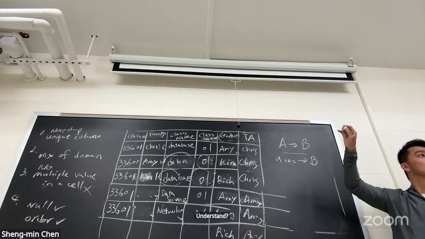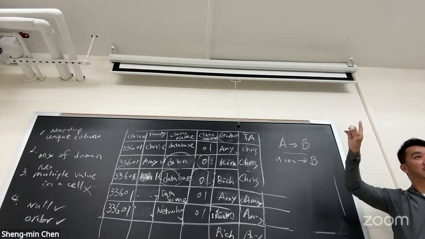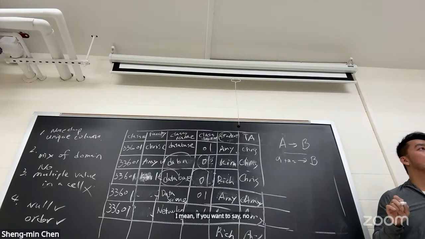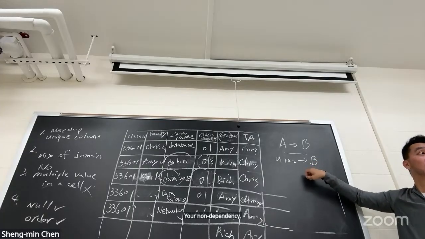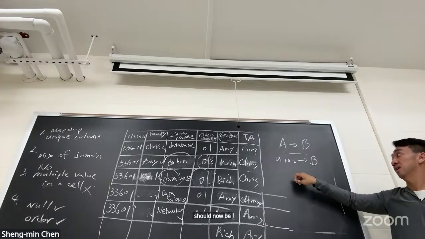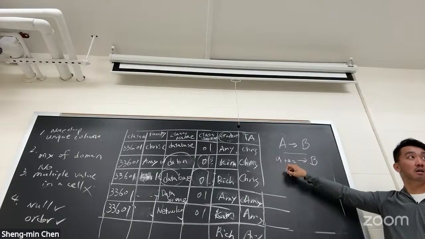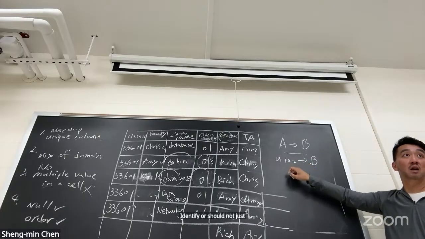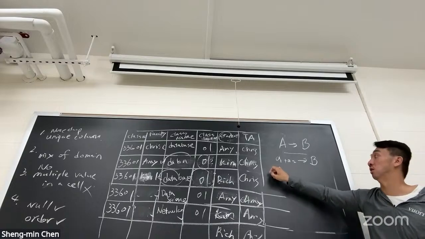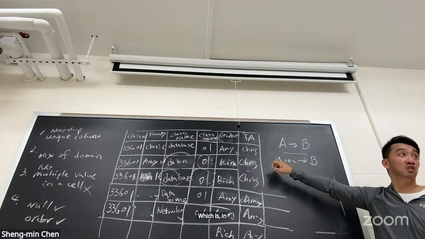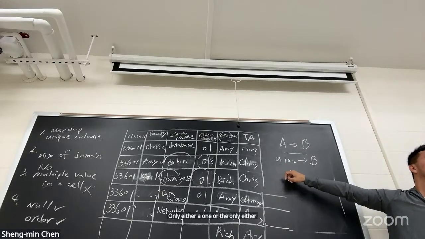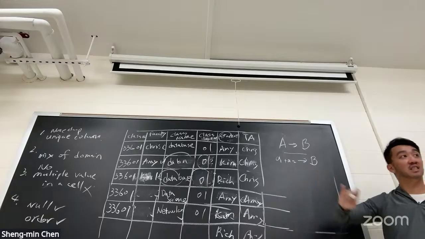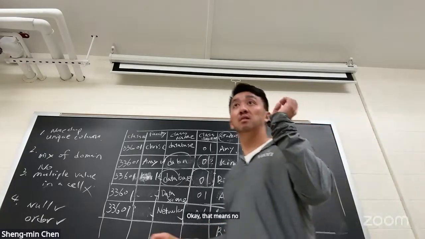Understand? Question? Let me repeat what I said. No partial dependency means that your non-key attribute should not be identified by or dependent on any partial key, which in this case is only A1 or only A2. Okay, that means no partial dependency. Understand? Okay.